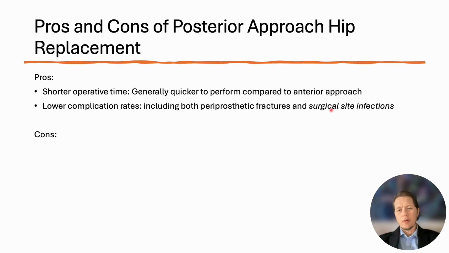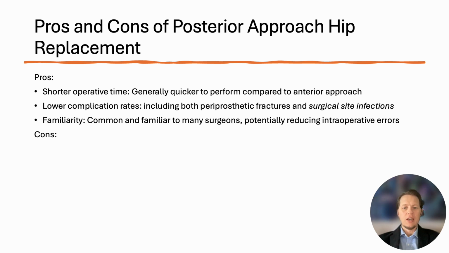And if you're worried about surgical site infection, not joint infection or post-op infection in general, the gluteal area is, quote unquote, cleaner than the groin area. There's a little bit more bacteria hanging out in the groin area, and the surgical site infection risk does go up with anterior approach.